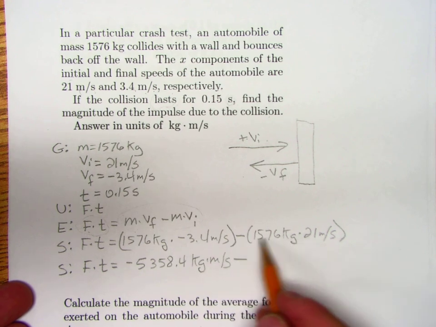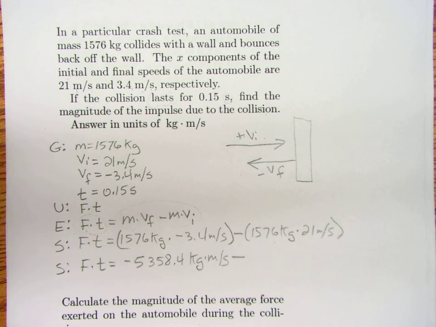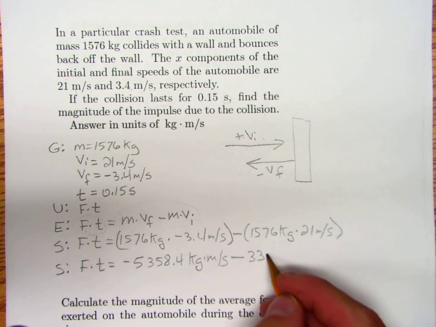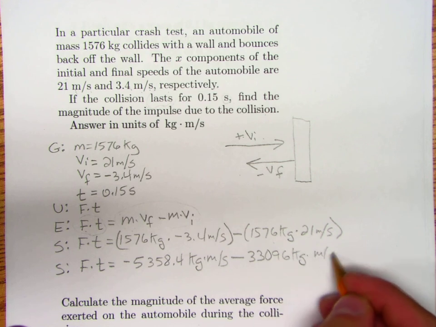And we're going to subtract from that negative value this value, 1,576 times 21, and that's going to be equal to 33,096 kilogram meters per second.